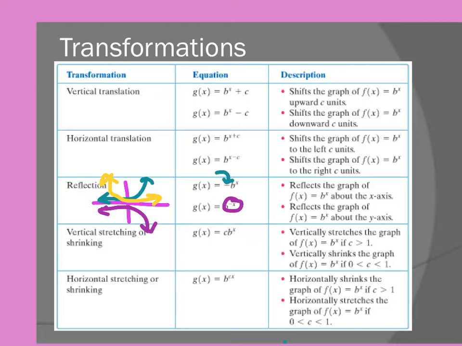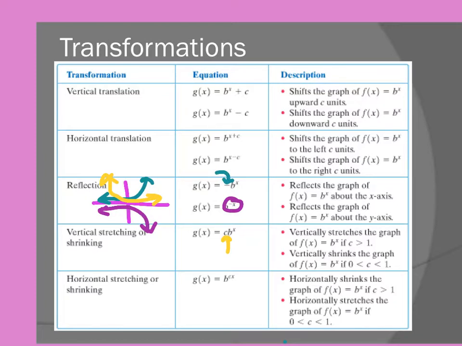Vertical stretching and shrinking: if I've got a number on the front of my base, this means that if that number is bigger than 1, it's going to increase faster, which makes it like somebody's pulling it from the top and the bottom, right? Stretching it out vertically. If that number was a fraction, it's shrinking it, like the ceiling and the floors are caving in and shrinking your exponential function. And then there's the horizontal stretch and shrink.